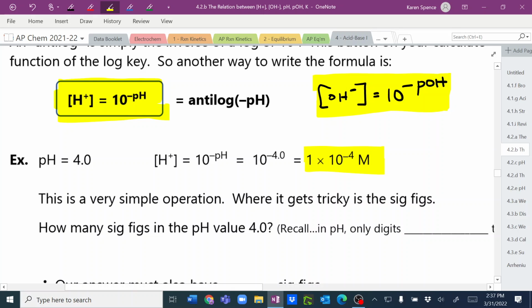Now, this is the only part where this gets tricky, which is the sig figs, because if we look at our pH, how many sig figs in 4.0? 1 sig fig. Because it's a pH, yes? And so because it is a pH, when you have your answer for hydrogen, it can have only 1 sig fig.